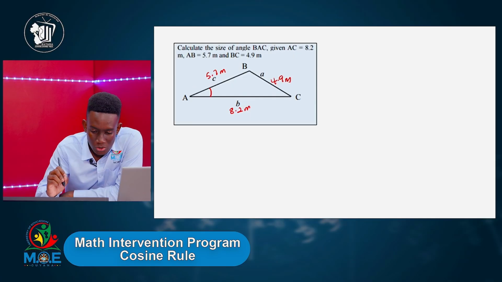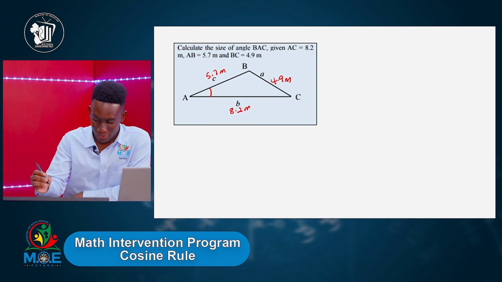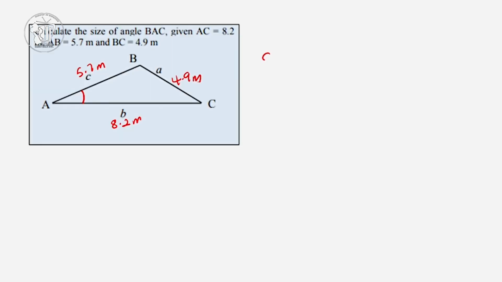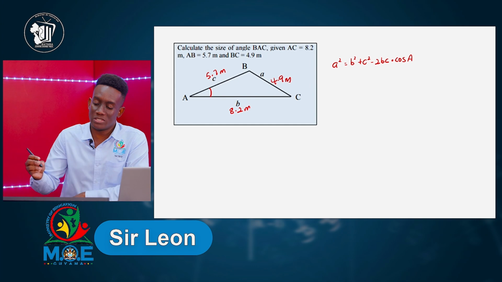meters. So now we are using the cosine rule, this time to find for an angle. So in this case, we want to find for angle A. So the side A should be the subject of the formula. So we can say A squared is equal to B squared plus C squared minus 2BC, all multiplied by cos A. So we put in the values that we know.